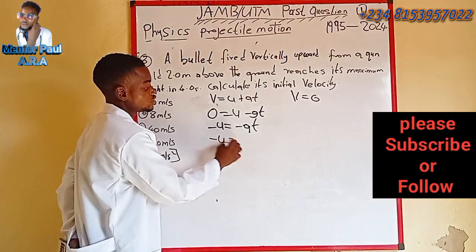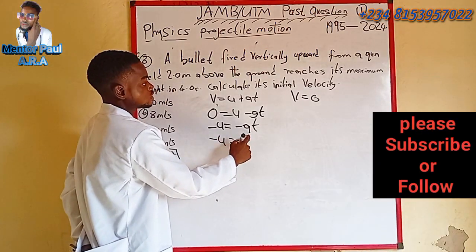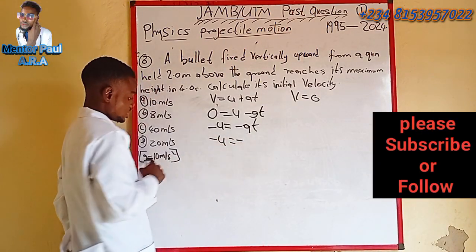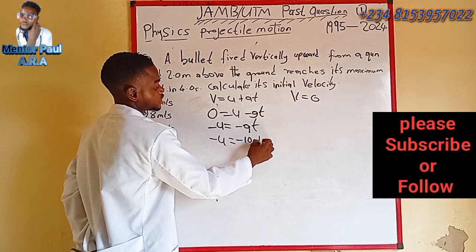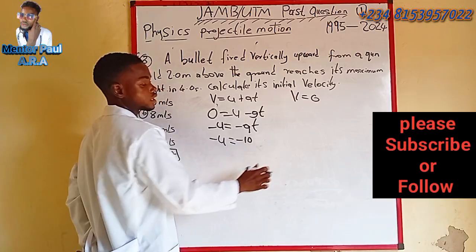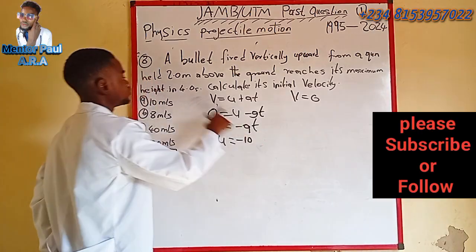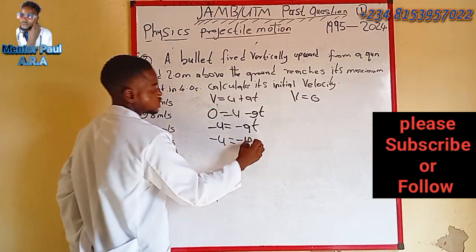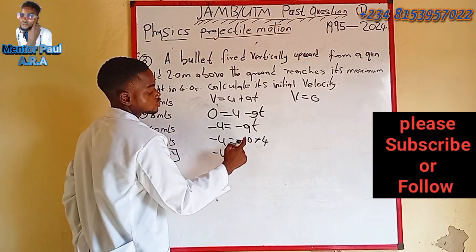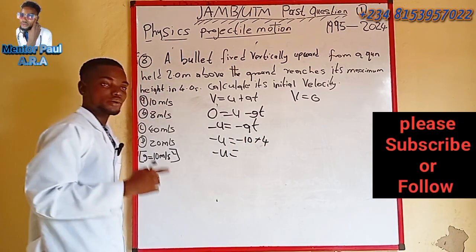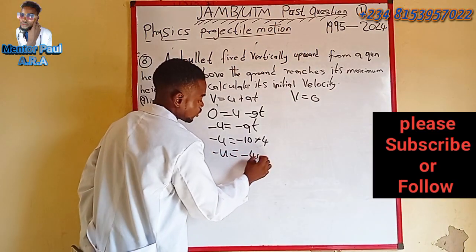Now, g is always going to be 10 meters per second squared. Remove this sign because we are calculating. And the time to reach is 4.0, so we multiply by 4. Now, negative u is equal to minus 10 multiplied by 4, which gives us minus 40.